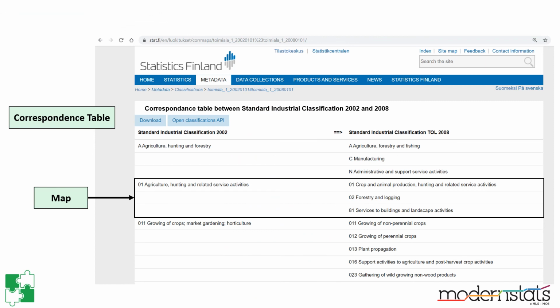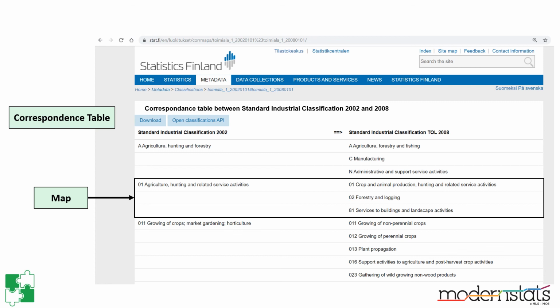Here is a way to physically represent the correspondence table. Here we have a picture of our website where we have a correspondence table between the standard industrial classification 2002 and 2008, and on the left we have the 2002 version, and on the right we have the 2008 version.